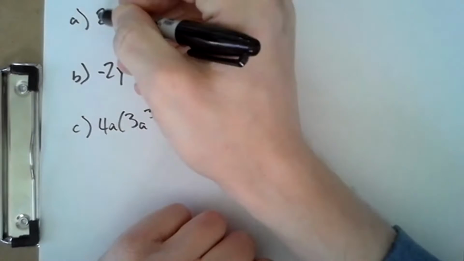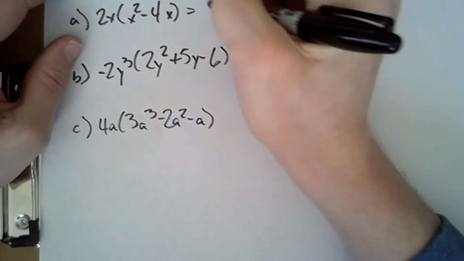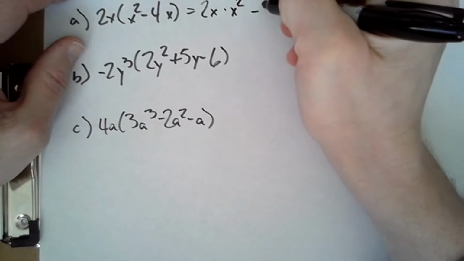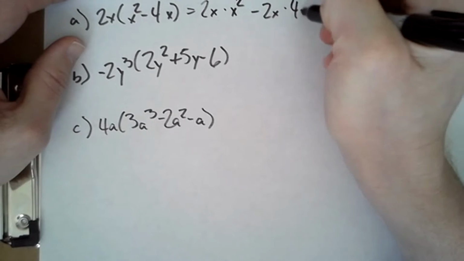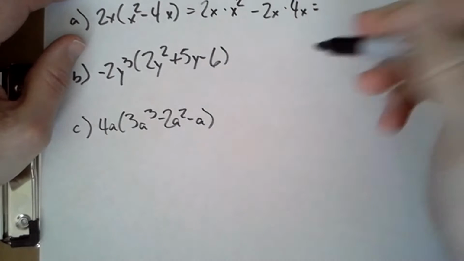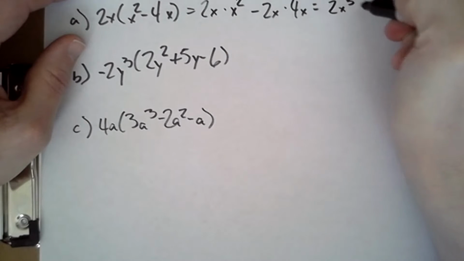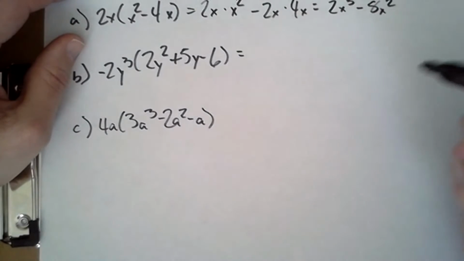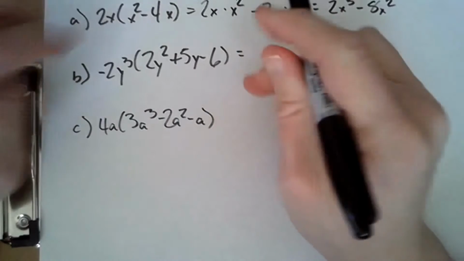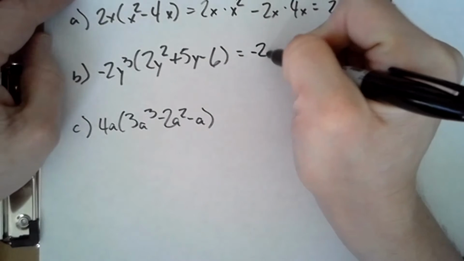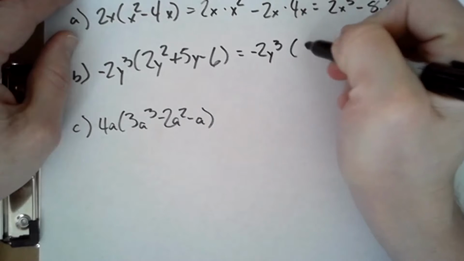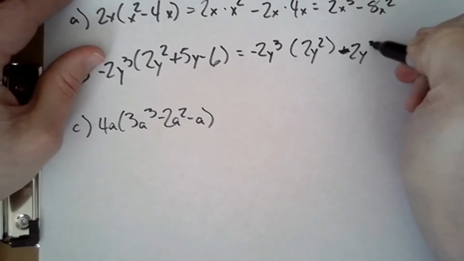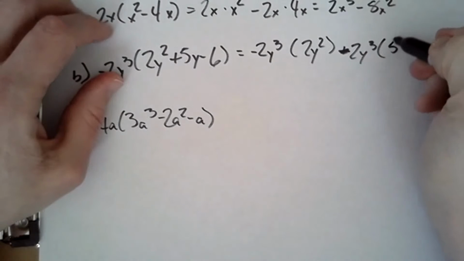So we start by just multiplying the term on the outside by each of the terms on the inside. That's 2x times x squared minus 2x times 4x. So that's 2x cubed minus 8x squared. Do the same thing here, except now we have 3 terms on the inside instead of 2. So it's negative 2y cubed times 2y squared plus, minus 2y cubed times 5y.